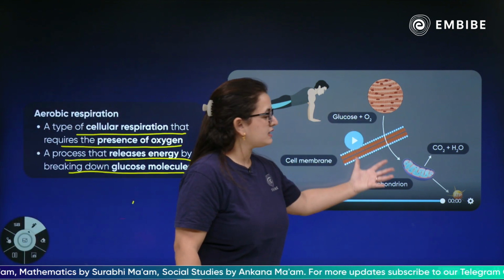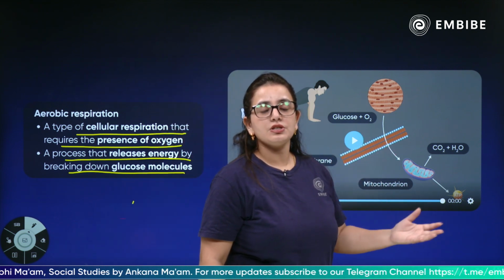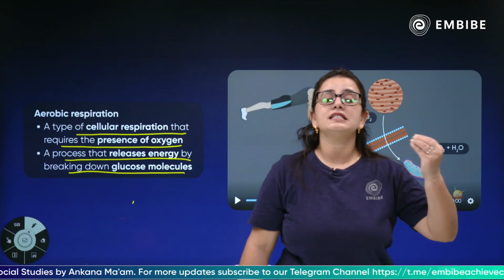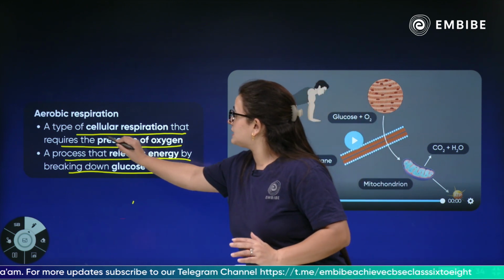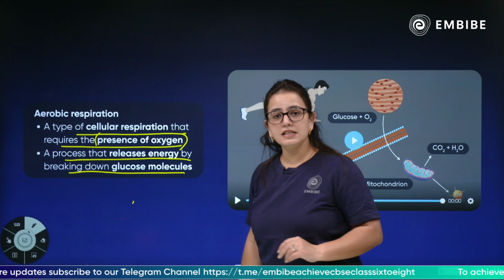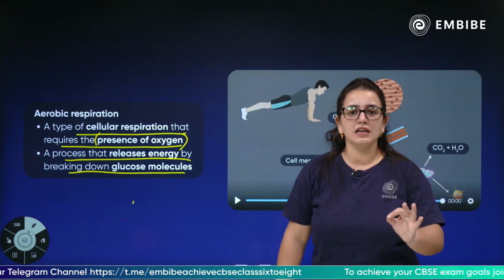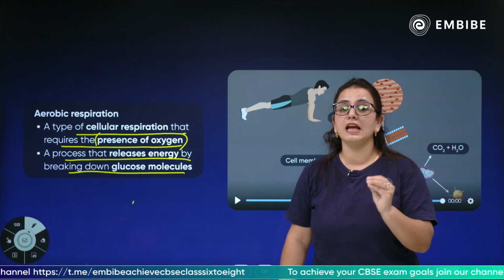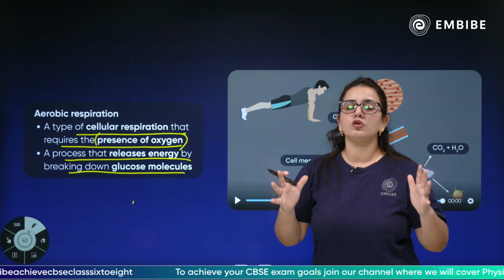Children, can you see this? What is aerobic respiration? Aerobic respiration is the kind of cellular respiration which takes place in the presence of oxygen. Yes, the presence of oxygen is absolutely necessary for this respiration to take place, and this respiration involves a great amount of energy.